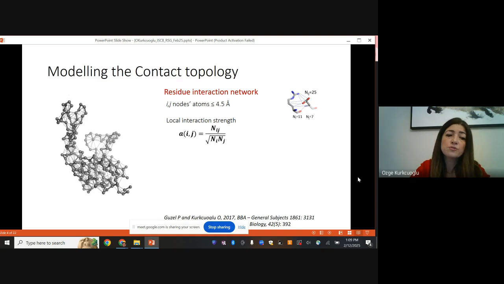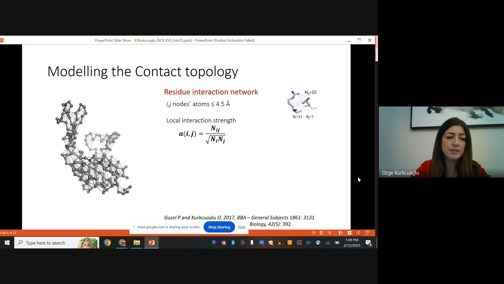The neighboring nodes within 4.5 angstroms are linked with each other, and it becomes a bidirectional weighted graph. The weight of an edge is calculated based on the local interaction strength. Here we assume that a higher number of interactions brings nodes closer, so that's why we take the inverse as a simple model.